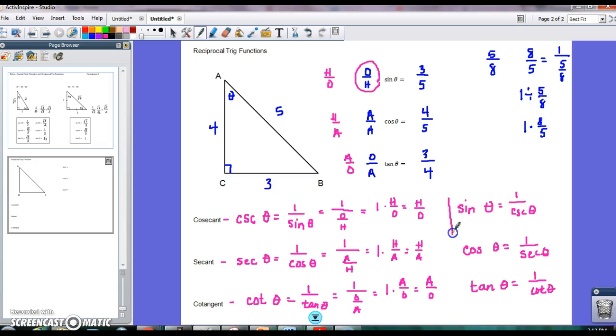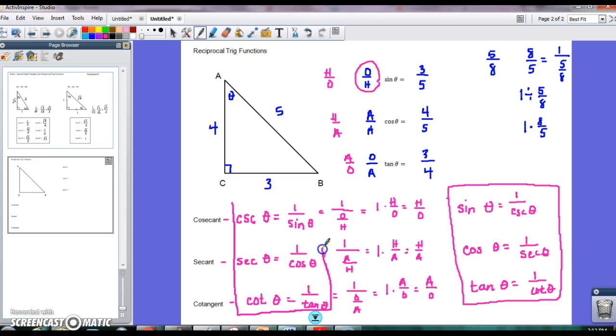So make sure that you know this as well. This is something you want to make sure that you memorize. Again, things that don't go together seem like they should go together. Just keep that in mind. Tangent ones are easy. They always go together. But cosecant and sine, you wouldn't think are reciprocals of each other, but they are.